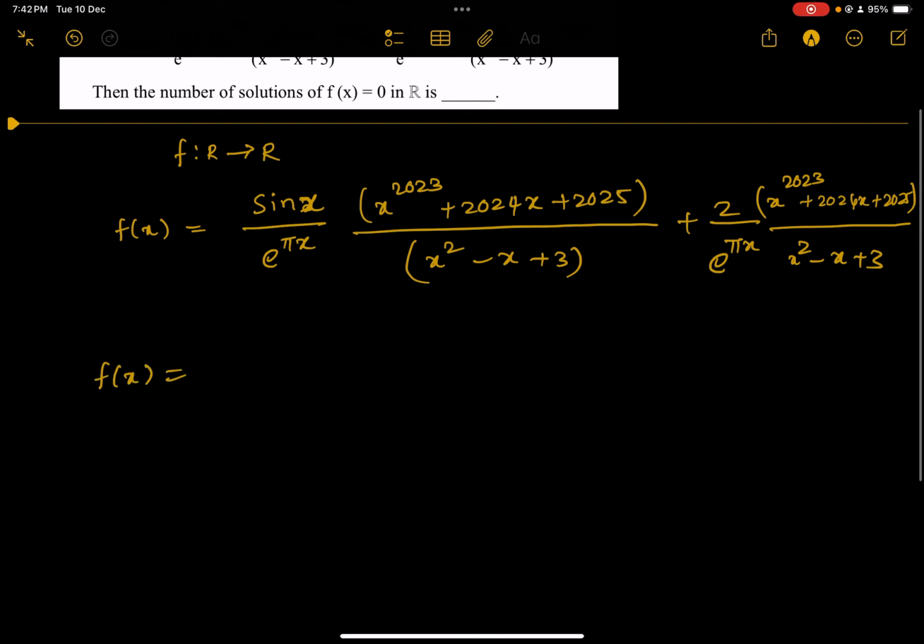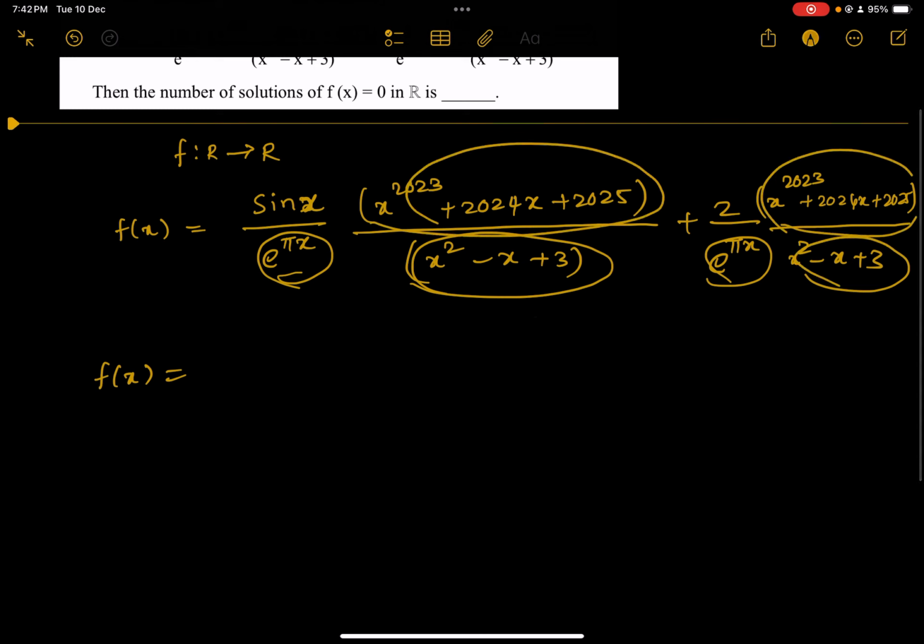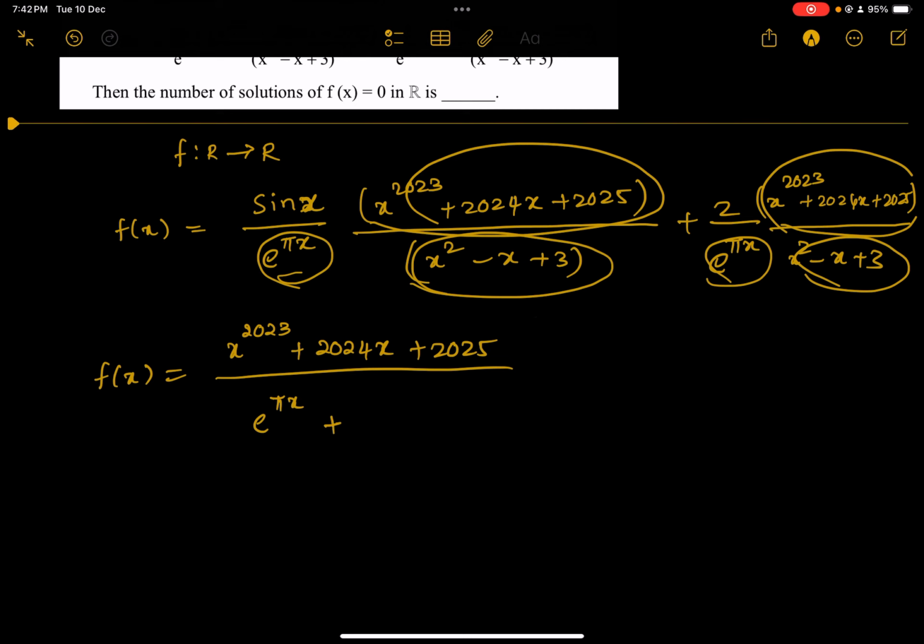So f of x is, if you see this term, this term, this term, all these are common. So x to the power 2023 plus 2024x plus 2025 by e to the power pi x multiplied by x square minus x plus 3 times sin x plus 2.